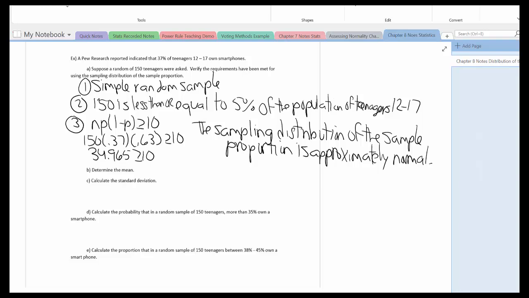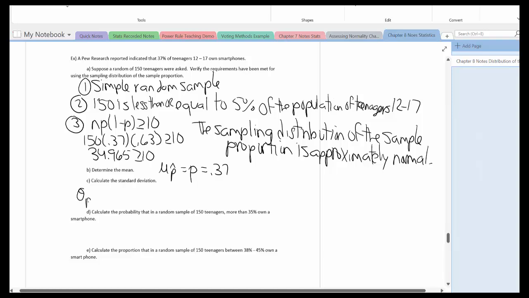Okay, let's take a look at part B. Determine the mean. So the mean of p hat is equal to the proportion, that's 0.37. Standard deviation, well, that is going to be the square root of p times 1 minus p all over n.